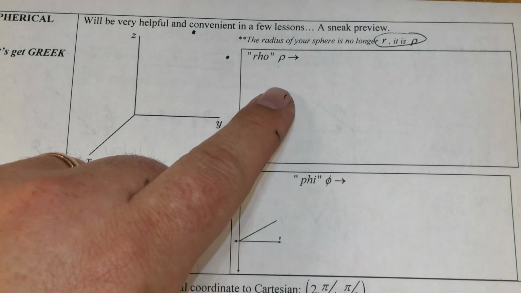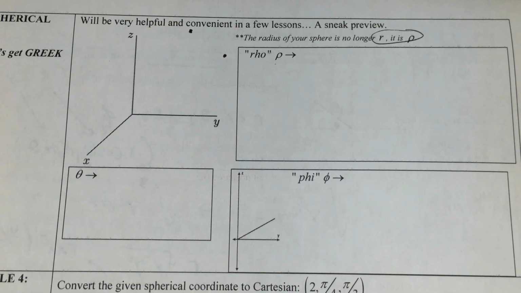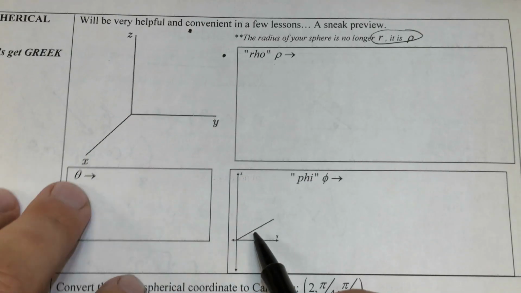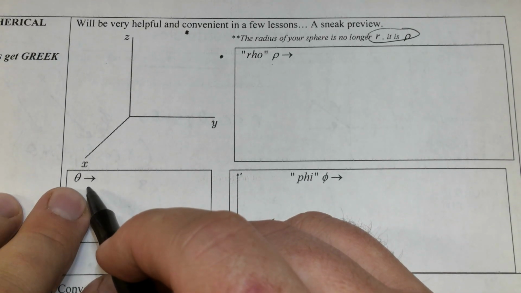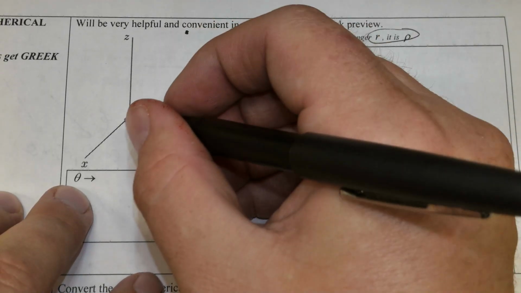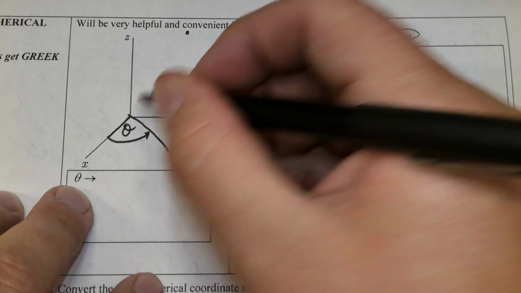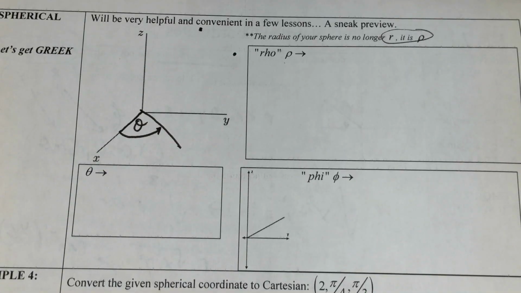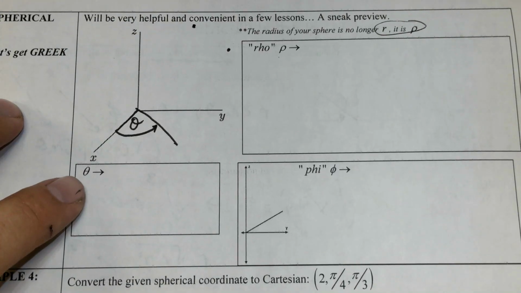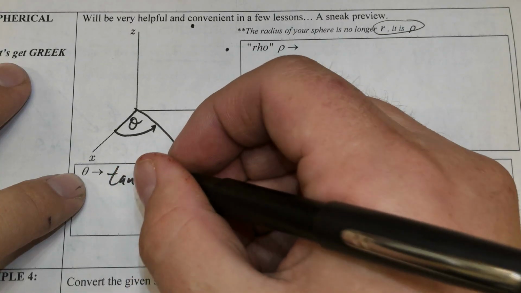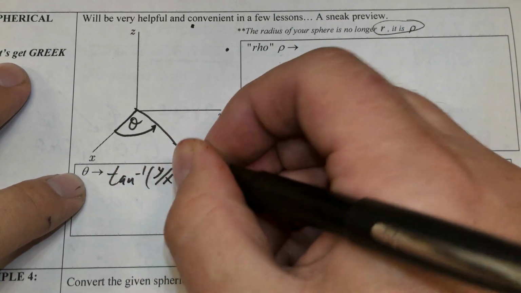So let's get into our definitions here of what these things are. First and foremost, we still have theta, and this theta is still the same opening that we've had before. Again, from here, opening this direction to some angle, that's still my theta. That is unchanged. And I know that theta is still tan inverse of y over x.